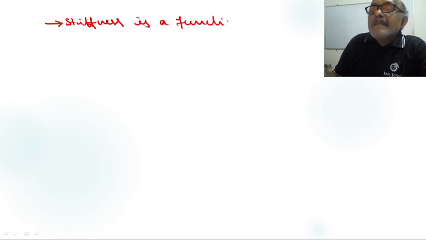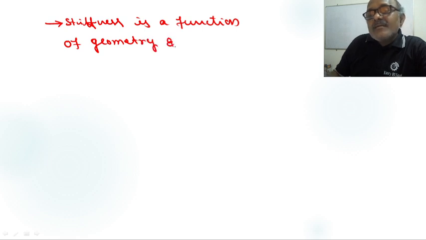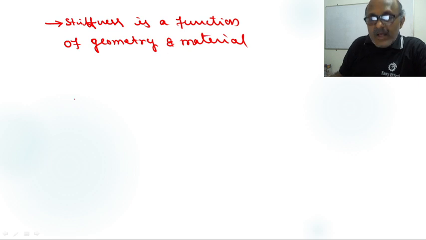So stiffness is a function of geometry and material. All of it clear?